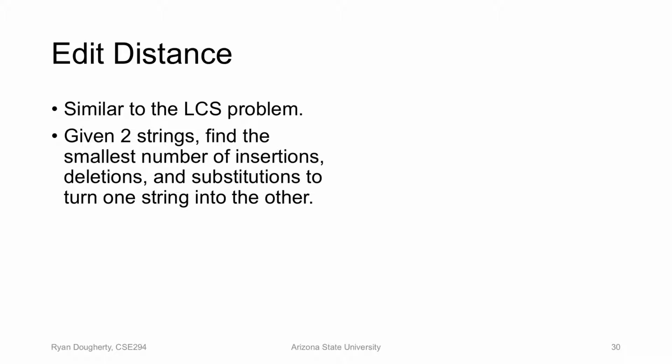So what you want to do is you're given two strings, and you want to find the smallest number of insertions, so I can insert a character, or deletions or substitutions in order to transform one string to the other string, right? So of course, if I know how to transform one string to the other string, I know how to transform that second string back to the first by just undoing everything.